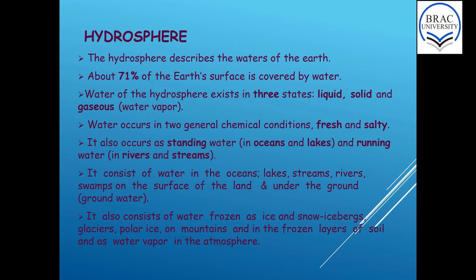The most common state is the liquid state, that is the river water, ocean water, lakes, ponds, etc. And the solid forms of water like icebergs, glaciers, polar ice, or mountain caps. And what about gaseous form of water like water moisture or water vapor?